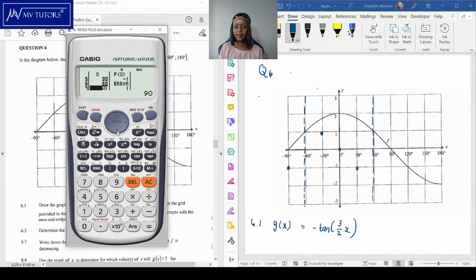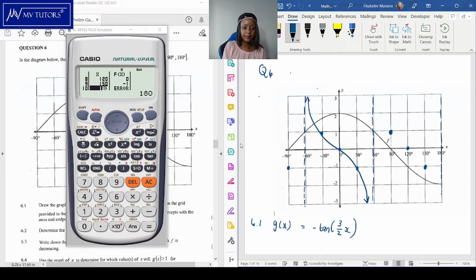And then 90, we have 1. At 120 we have 0. At 150 we have negative 1. I'm sure at this point you're like, what is going on? At 180 we have an error, so we have another asymptote. So basically if you were to look at this, your graph does something like that. And that is g.